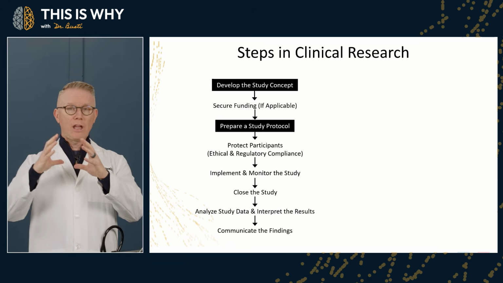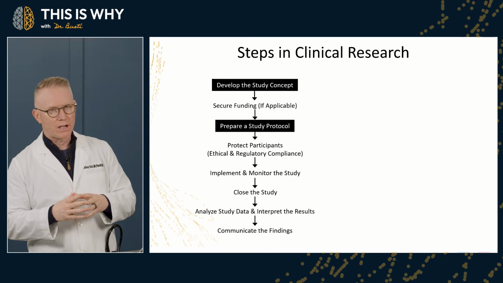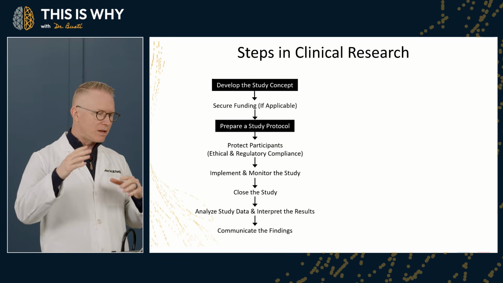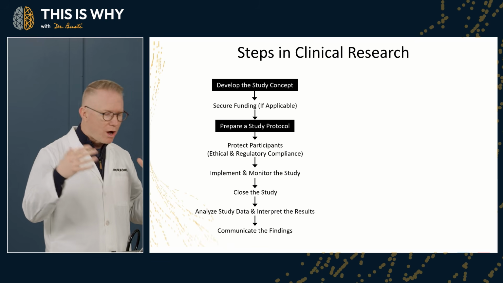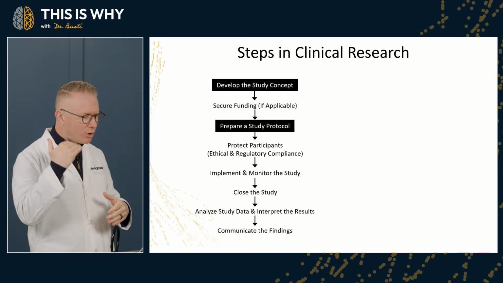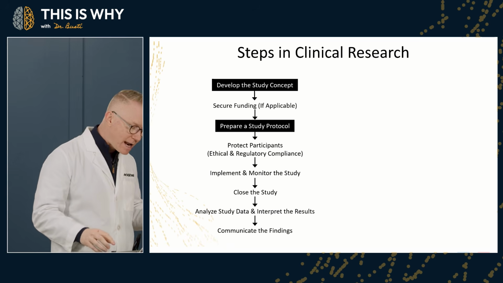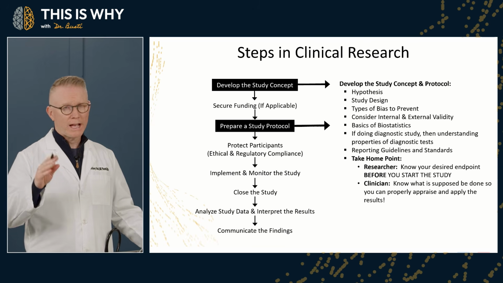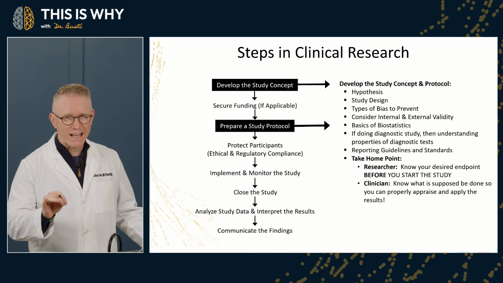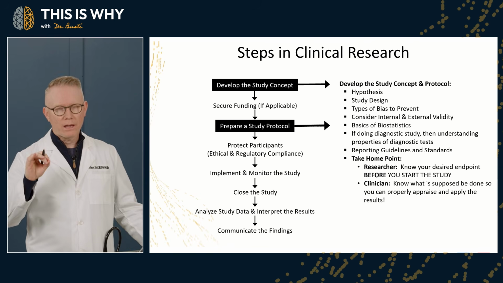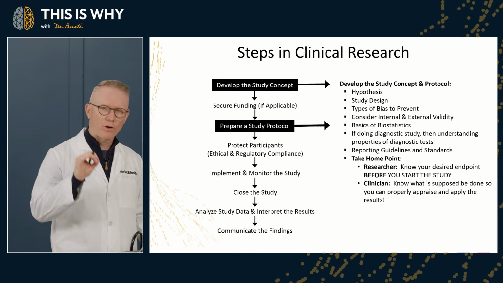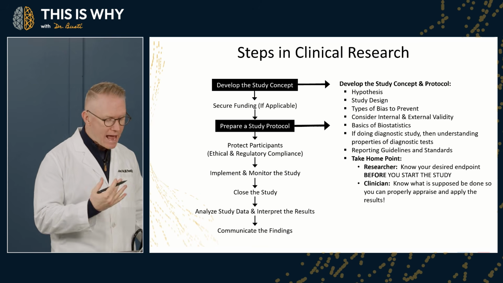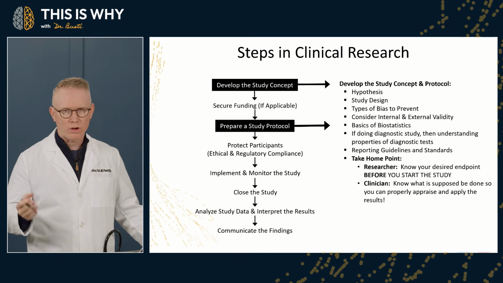Now, during the early stages of a study, particularly in concept development and protocol preparation, there are several key elements that have to be addressed. Let's just go through those, okay?